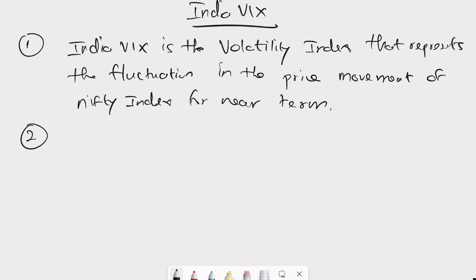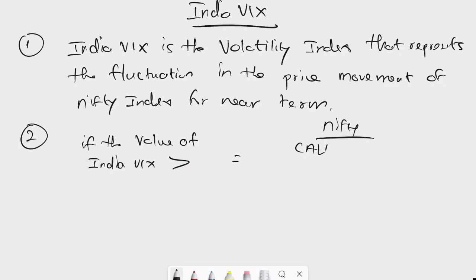So we know in options there are stock option and index option, and every option has got call option premiums and put option premiums assigned for different strikes, right? So in this case, let's say if the value of India VIX increases, then both the call option premiums and put option premiums for Nifty index will also increase, right?